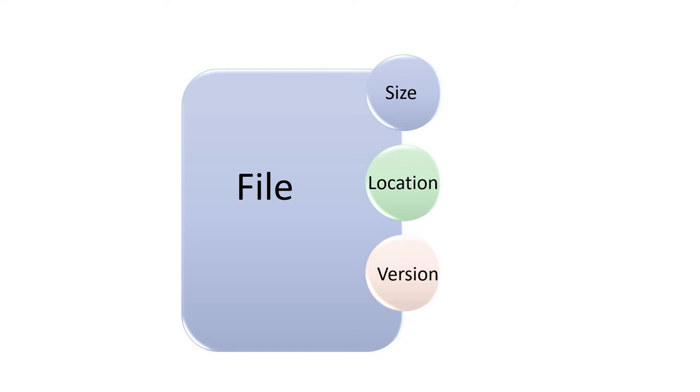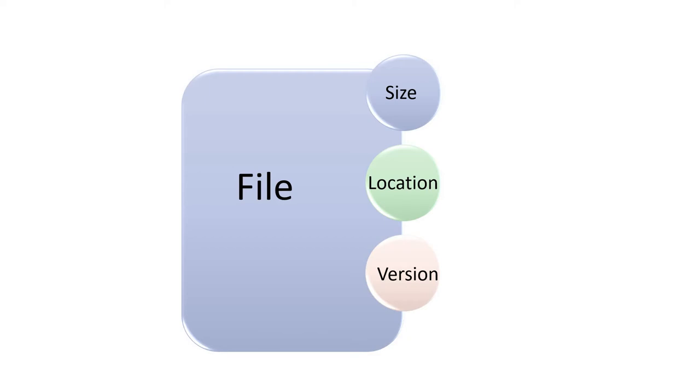So what information do we need to take care of about a file so that we design a proper system? The first important factor is the file size, because file size will decide how much time it will take to upload or download a file, or how much network bandwidth it is going to use. The location.